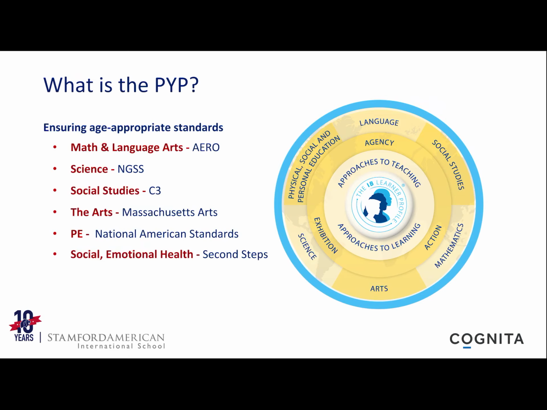So the standards and the content and skills and knowledge that students will learn in grade 1 build directly on the standards that they were learning in kindergarten 2. Those standards that you can see on the left hand side there, AERO, which is short for American Education Reaches Out, are standards that have come from the United States of America, since we are an American international school.